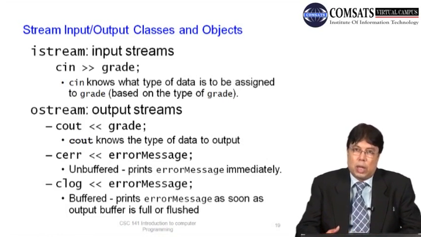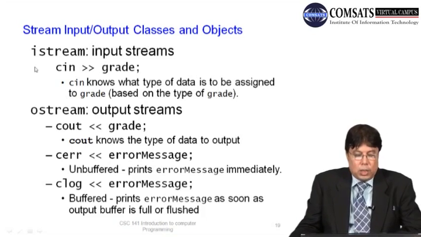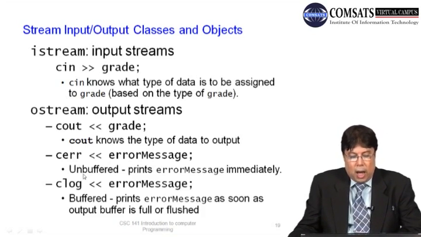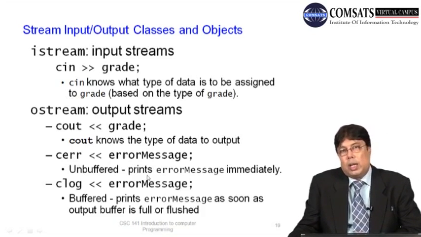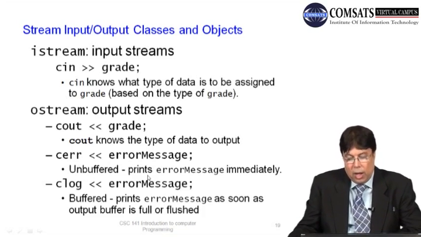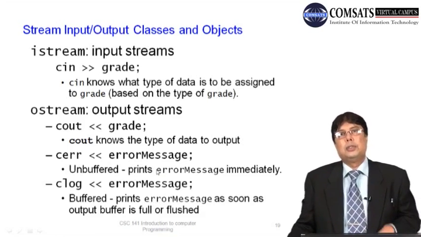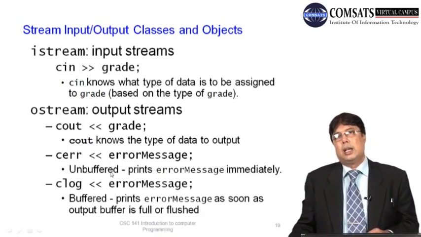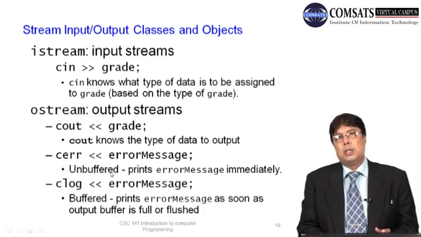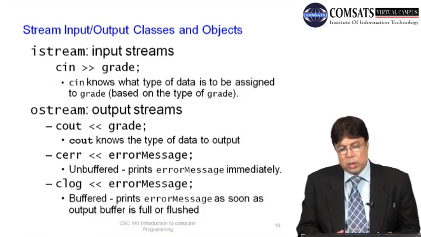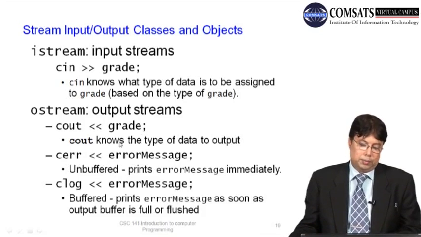So this is the difference: cerr is unbuffered, it does not keep the message in a buffer, and whenever the message is generated, it is printed. Whereas clog is buffered, so as soon as the output buffer is full, it is flushed, meaning the buffer is emptied and the data is printed, usually onto the console.